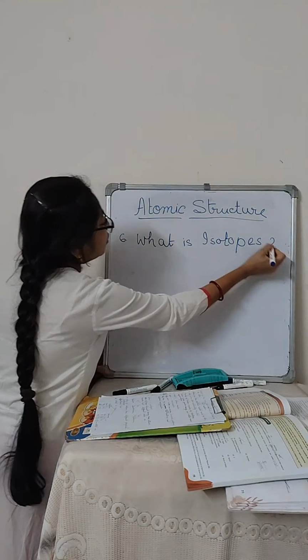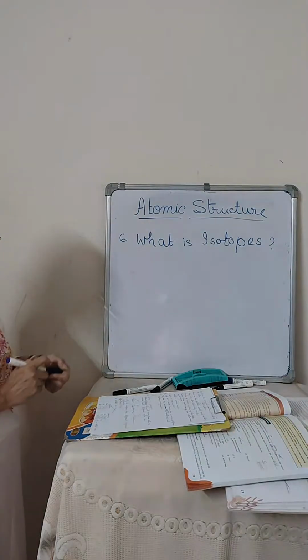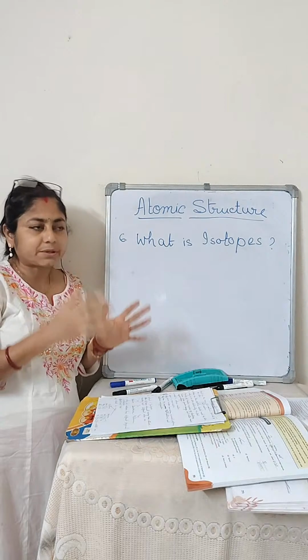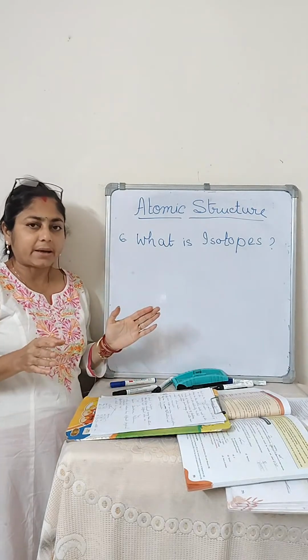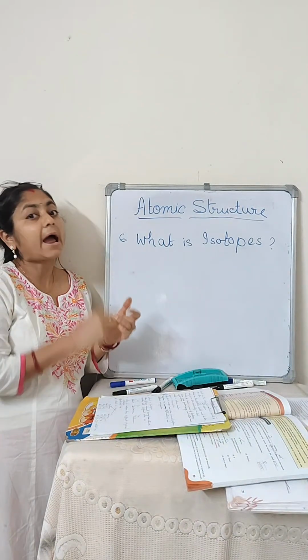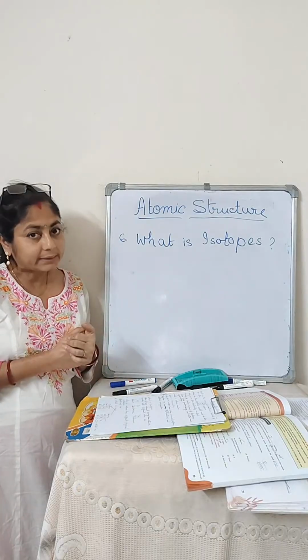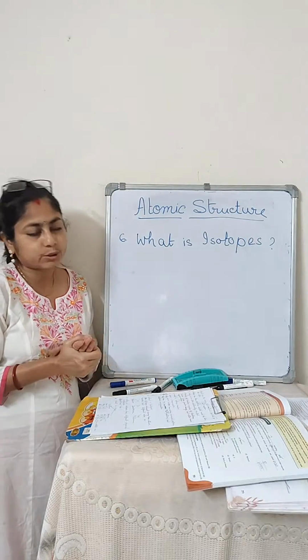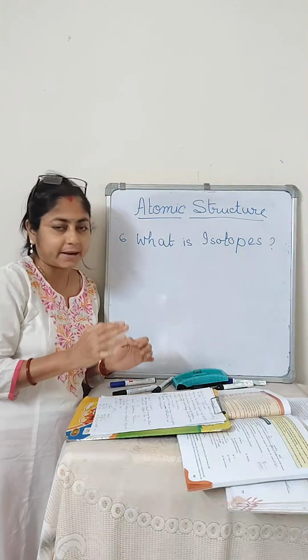What is isotope? Isotopes are the same element where the atomic number is the same but the mass number is different. That is called isotope. I give the example and explain it.